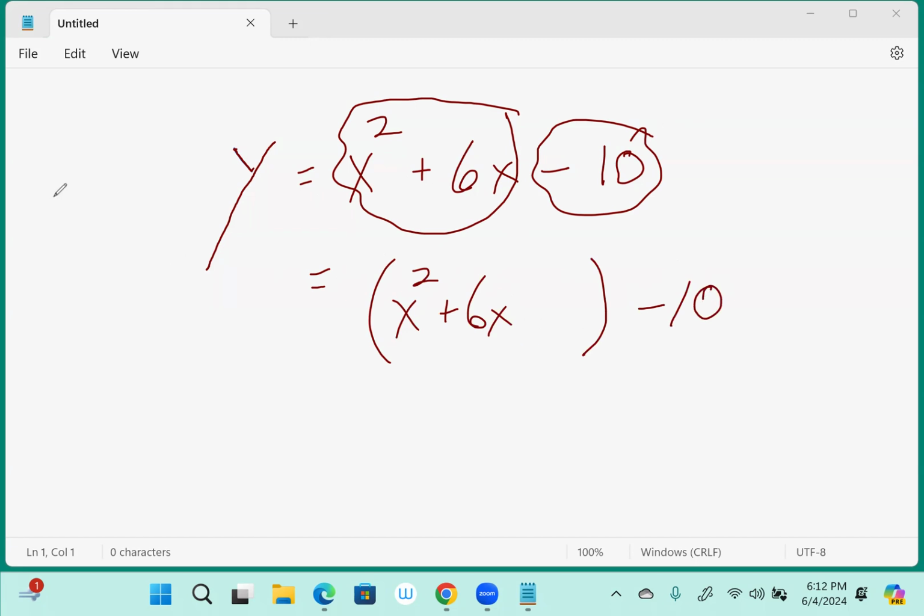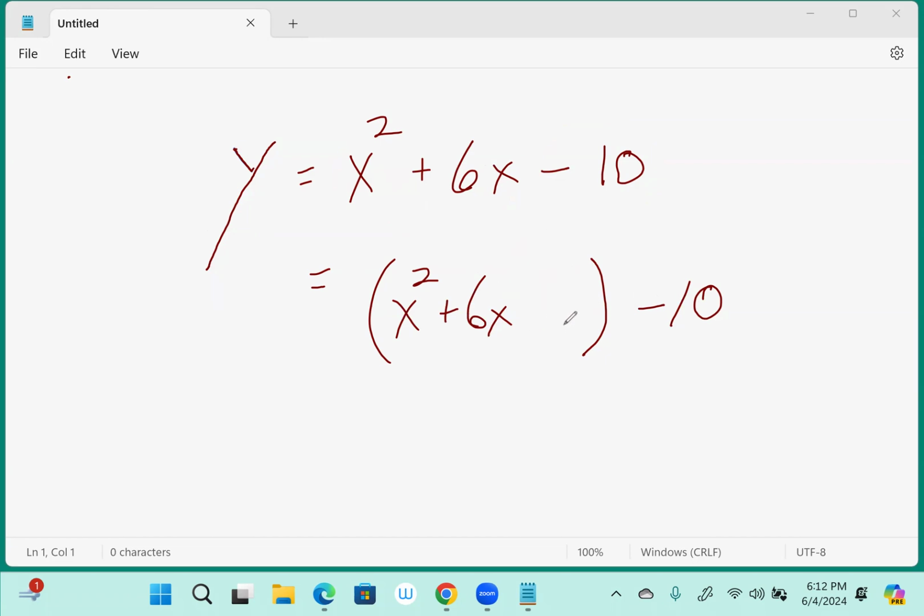So the most important thing you want to pay attention to when you're doing these kind of things is that you do not change it from line to line. In other words, what I have written with the parentheses here, that line is exactly what I started with. I've just added some parentheses. And what I want to do is complete the square inside the parentheses.